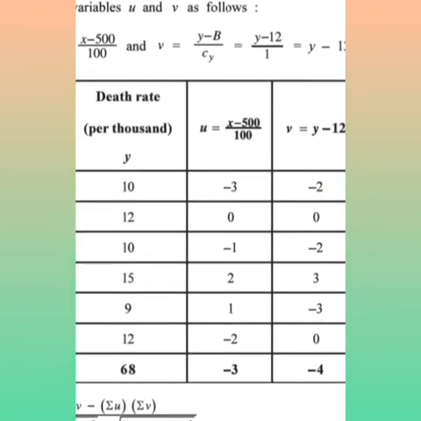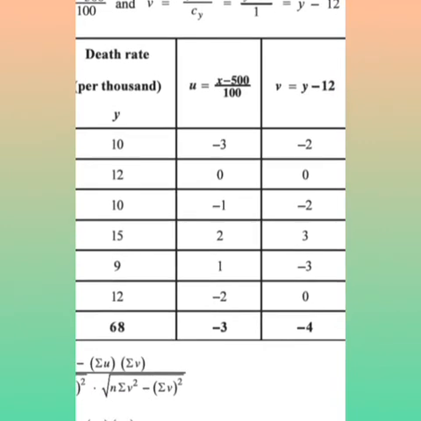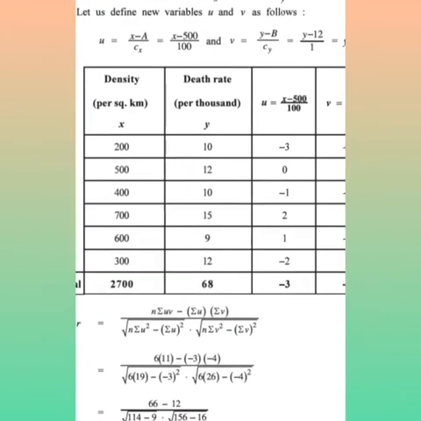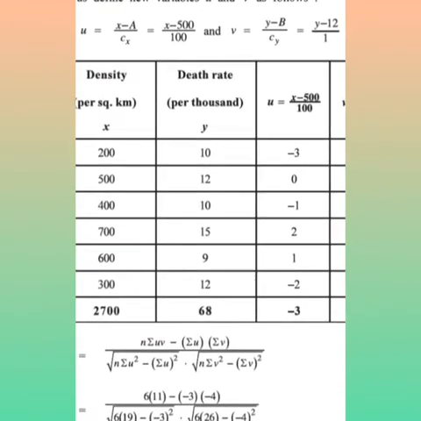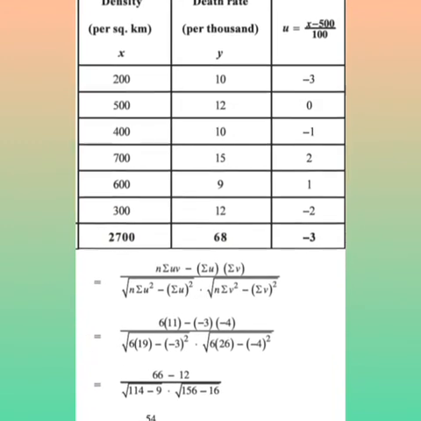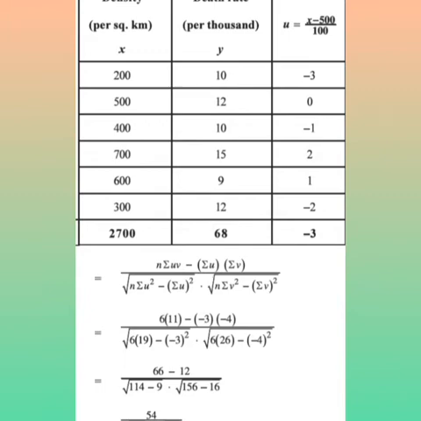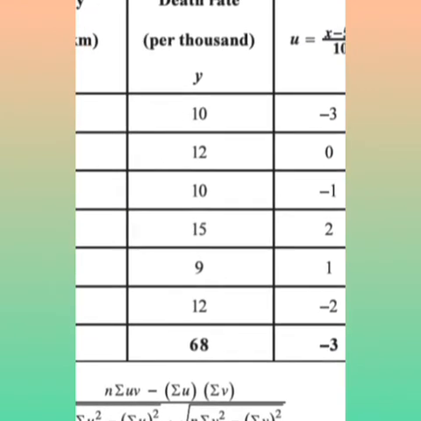Now putting this formula for u and v, we will have the columns of u and v, right? How would u be found? As per the formula we discussed, that is x minus 500 divided by 100. So 200 minus 500 divided by 100 will give you minus 3. 500 minus 500 divided by 100 will give you 0.